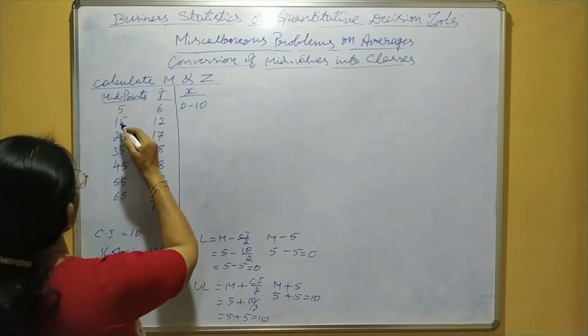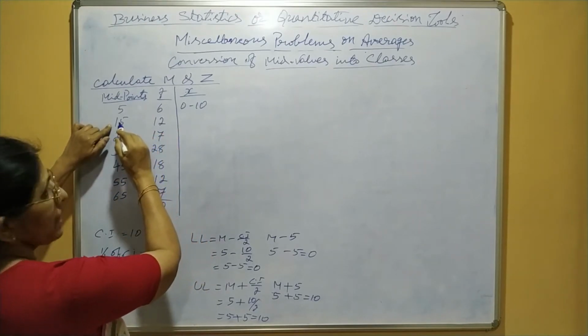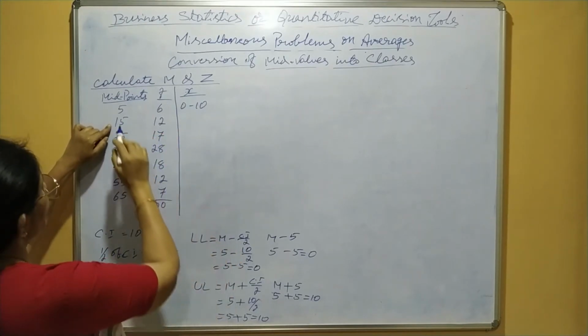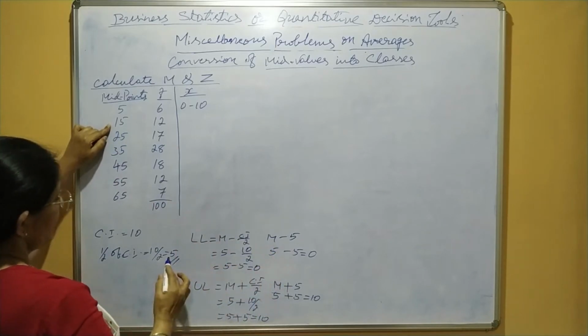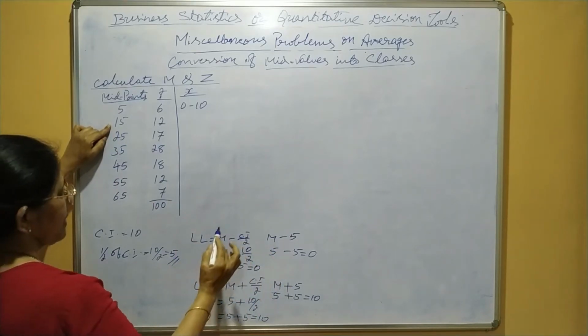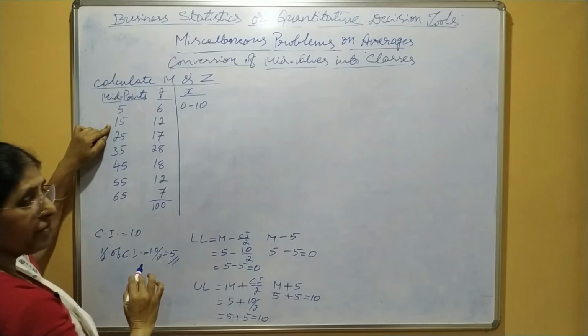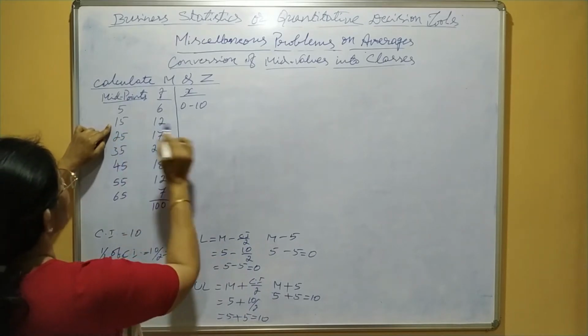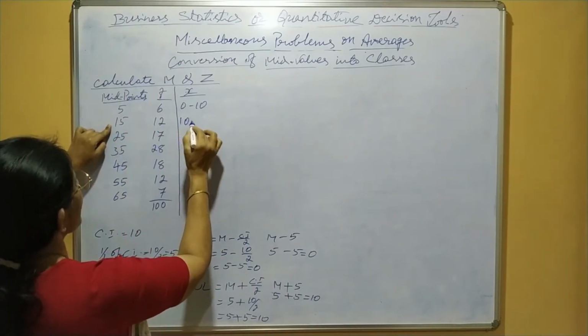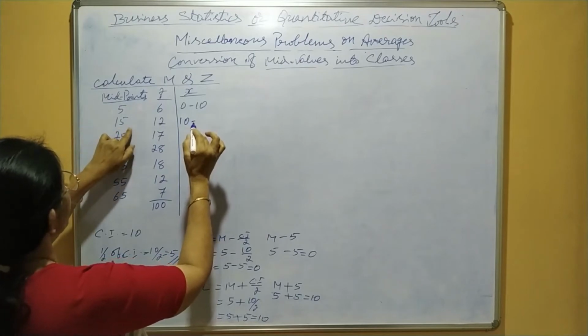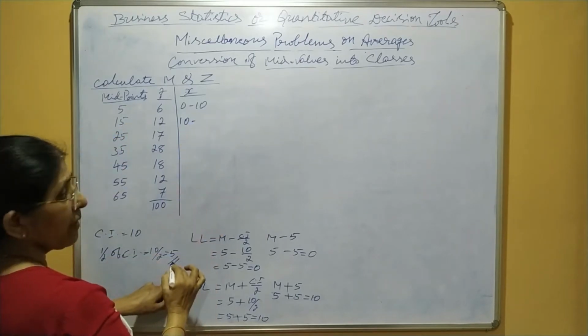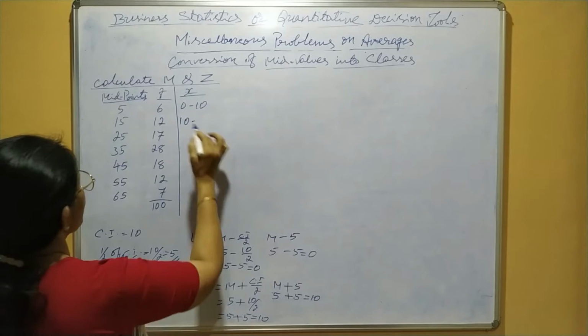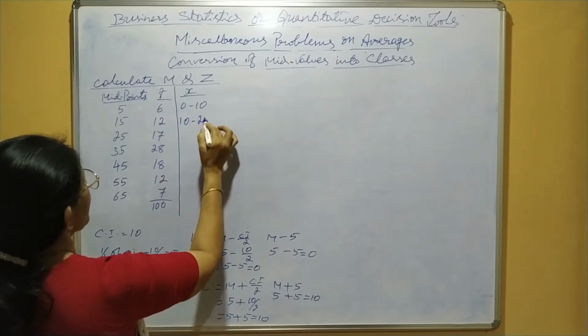Next, the lower limit equals midpoint minus half of the class interval: 15 minus 5 is 10, and the upper limit is 15 plus 5, which is 20.